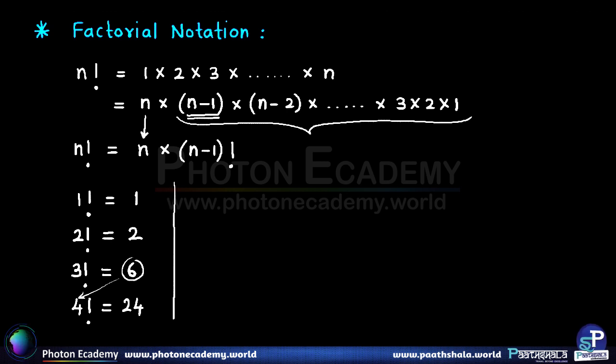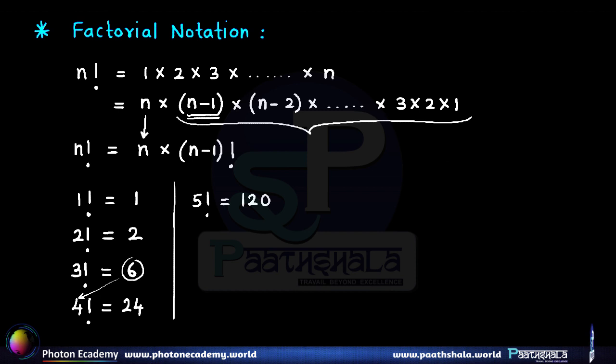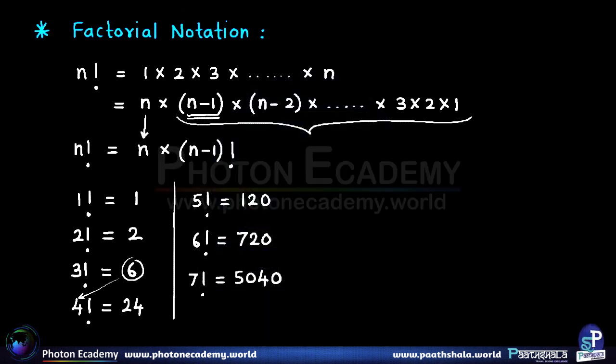Similarly, 5 factorial is 120, 6 factorial is 720, and 7 factorial is 5040. So it's recommended to remember the factorials up to 7 at least, which are helpful in calculations.